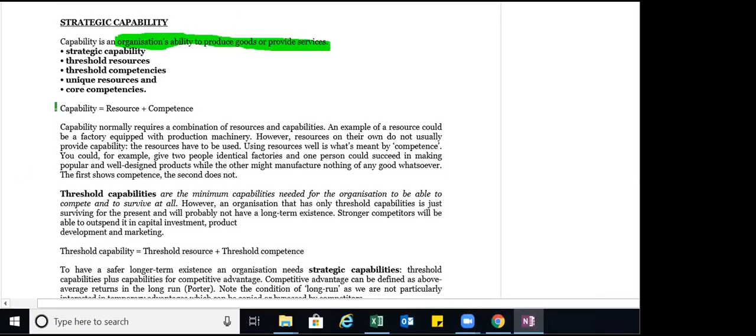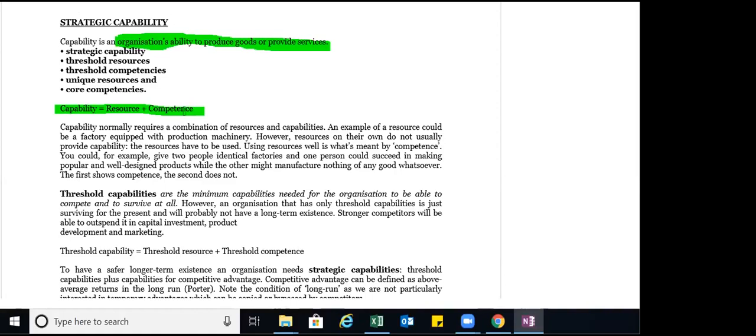Now, capability, I would explain this concept using an equation. It becomes simple to understand. What is capability? Capability is equal to resource plus competence, right? Capability is equal to resource plus competence. So I would give you a simple example.